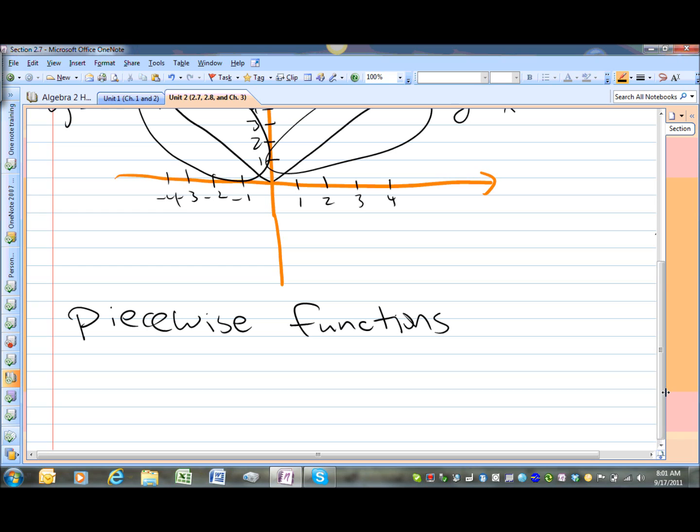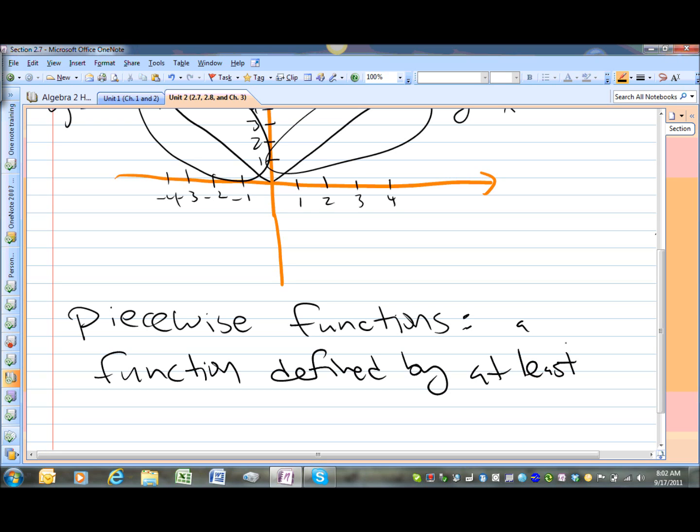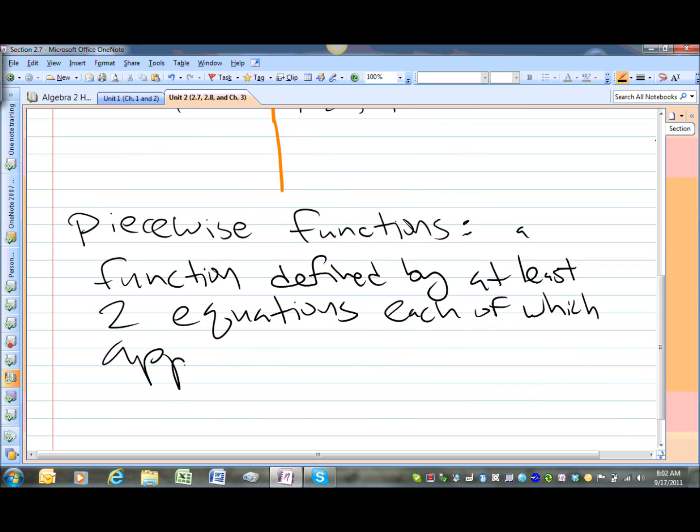So a better way of defining it is a function defined by at least two equations, each of which applies to different x values. Let me give you a second to copy all that.